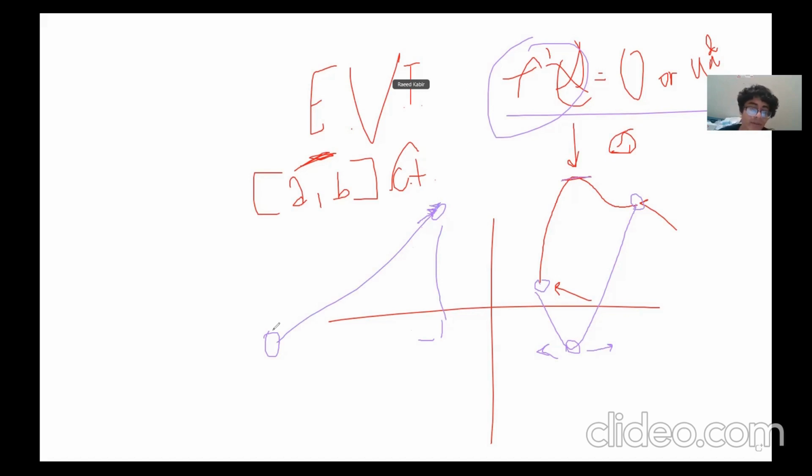But you can have relative mins and relative maxes, and thus absolute maxes and mins if they're crazy enough, but it's not guaranteed.